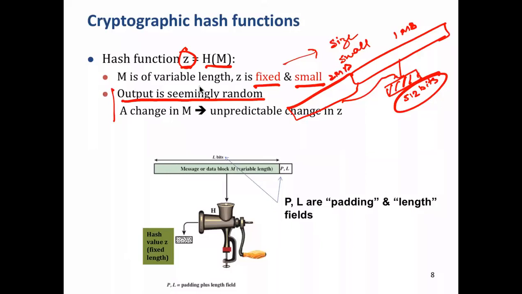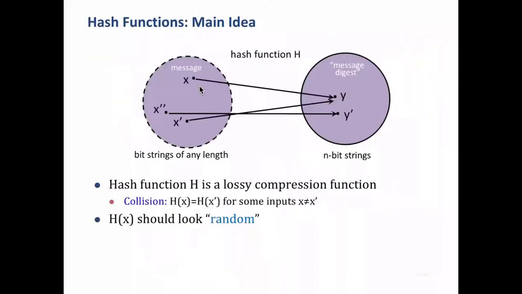If you look at the hash of the original and then the hash of the changed message, you will see a huge difference, such that you cannot predict what has been changed. So this is the way it's defined: we have a message of variable length, we pad it, and then apply the hash function, like a kind of juicer, and what we get is a fixed length hash value.